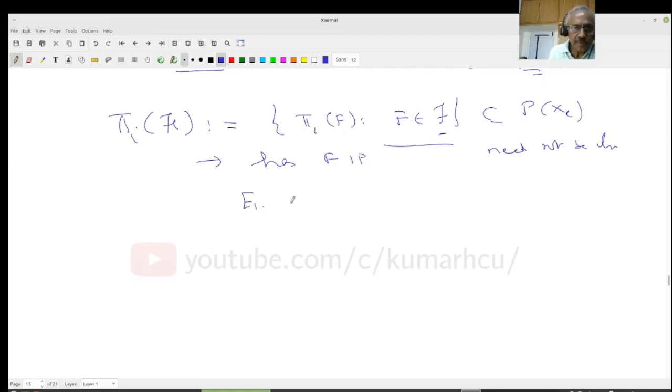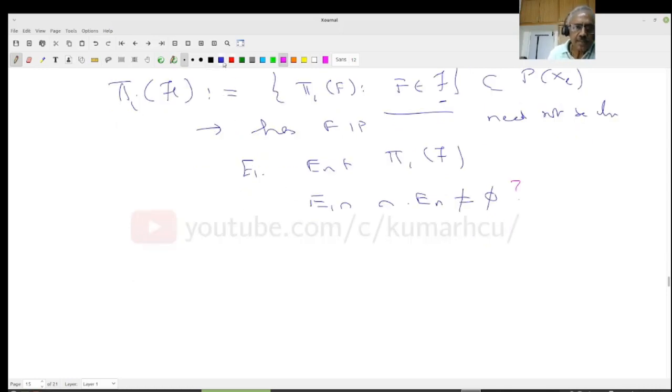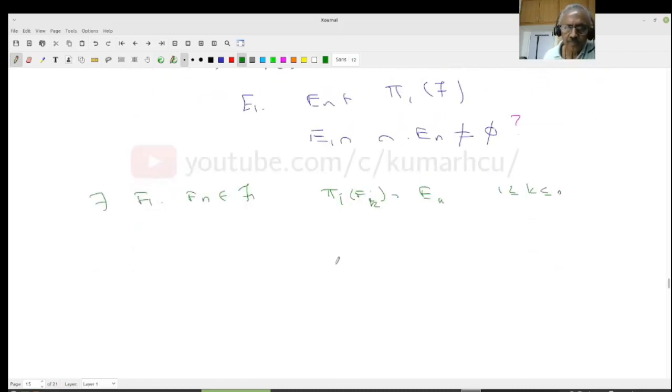So start with some elements E1, E2, ..., En in pi_i of script F. I want to prove E1 intersection ... intersection En is not empty. Notice that there exist F1, F2, ..., Fn in script F such that pi_i of Fk is Ek, for 1 less than or equal to k less than or equal to n. Now, where are F1, F2, ..., Fn? They are in script F, and script F has FIP. Therefore, what do I know?